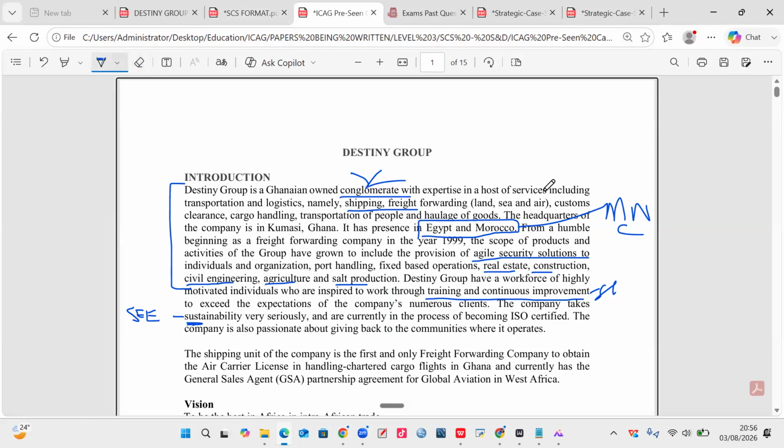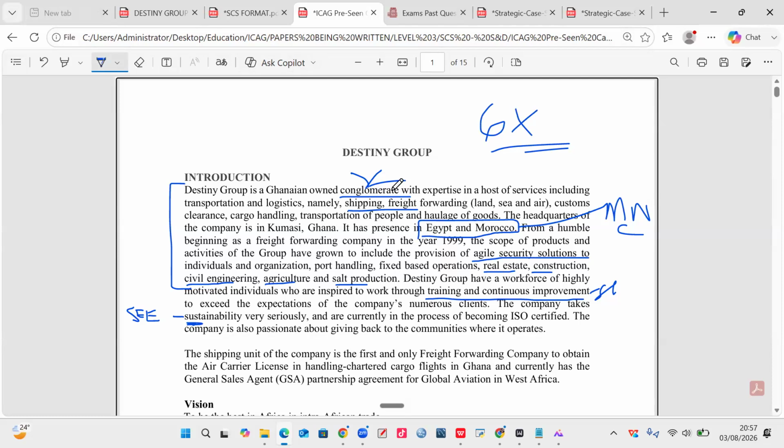So we can use AI to do the key points. I'll show you how you go about it. And you have to read it multiple times. I read it 6 times. You have to read it multiple times to familiarize yourself with the content and the principles therein, the principles in relation to the case and the question format.